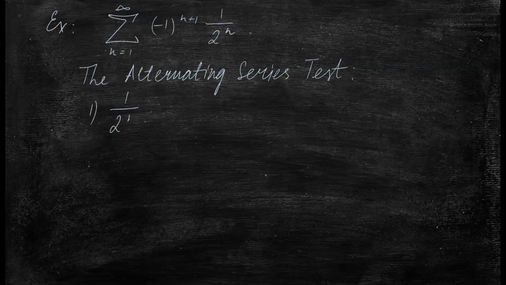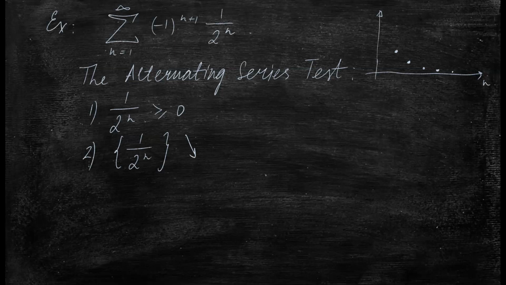So it is non-negative. This should be easy to check. It is decreasing. We can check that by plotting it. So as n gets bigger or larger, at 1 we have 1/2, at 2 we have 1/4, so it gets 2 times smaller with every iteration, which means it's decreasing.